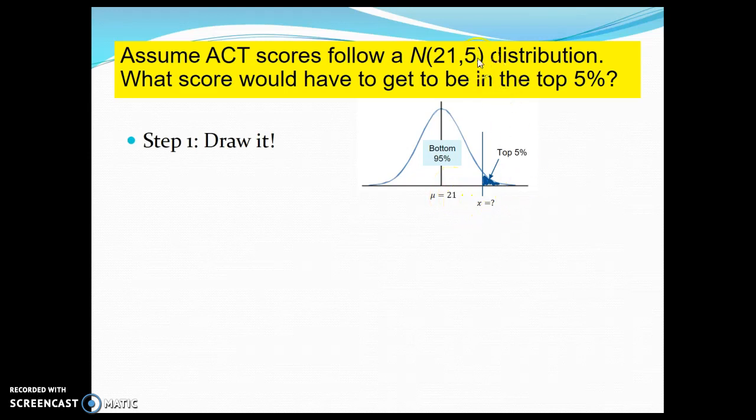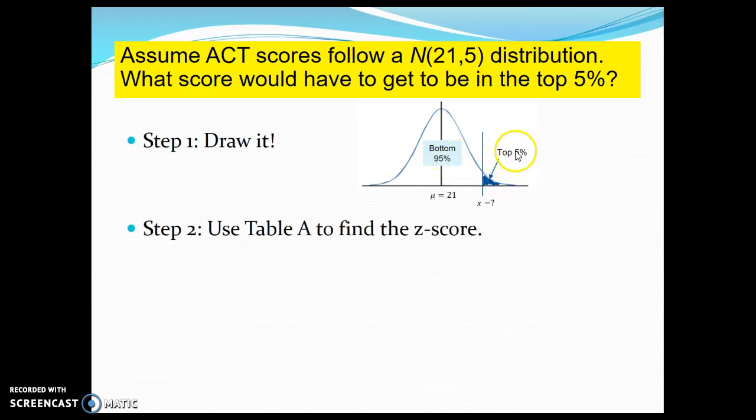And again, just to rephrase the question, we're looking for this mystery value that will separate out the bottom 95% from the top 5%. So step 2, we need to use table A to find the z-score. Again, in order to use table A, we need the percent below our cutoff, which is why we had to subtract this value from 100.